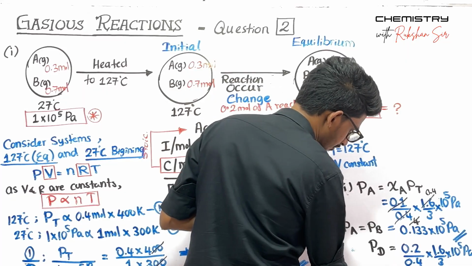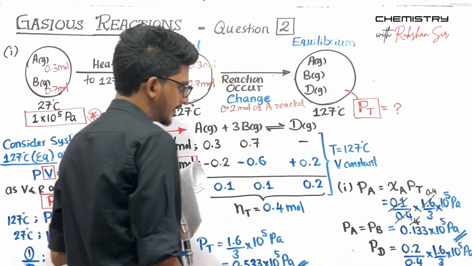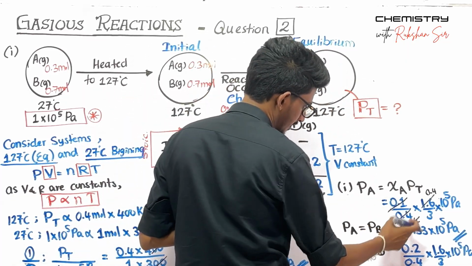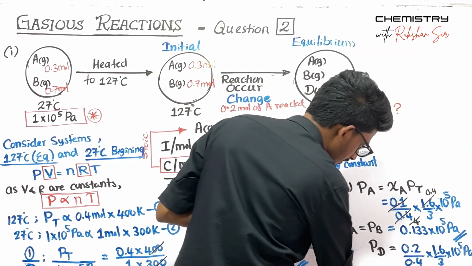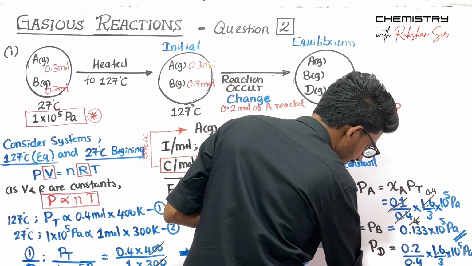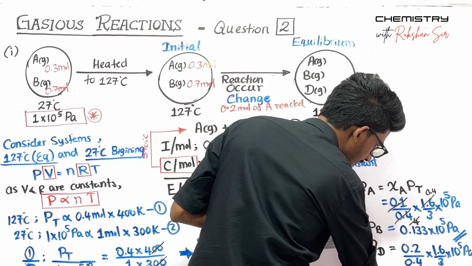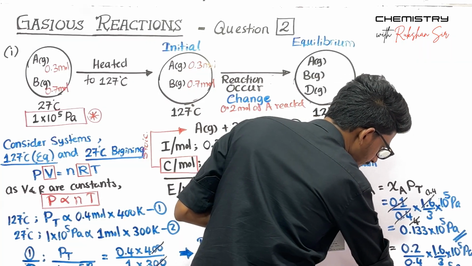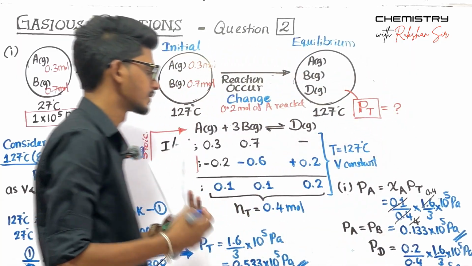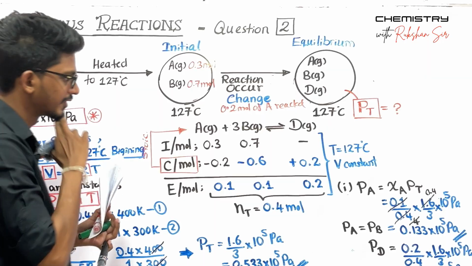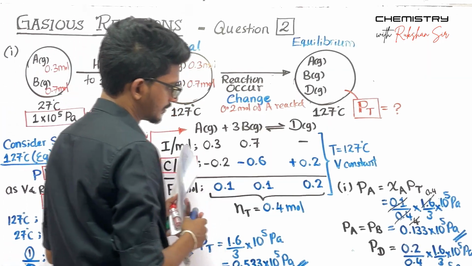So simplification will give you, I calculate 2 times of this thing, that is 0.266 into 10 to the power 5. Those are the values for the partial pressures.